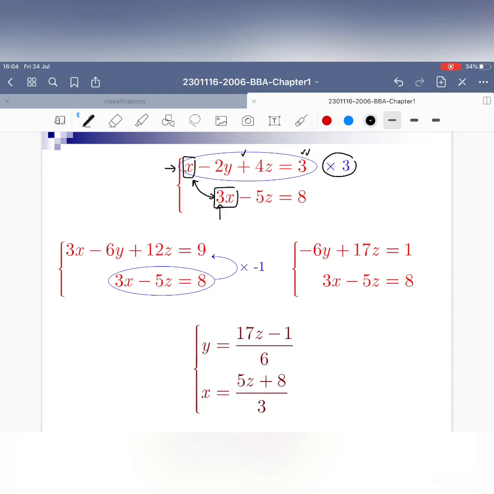So if you multiply it by 3, the first one becomes 3x, the second one is negative 6y, the third one is 4 times 3, which is 12z. And don't forget, on your right hand side you also multiply 3 by 3, you got 9.